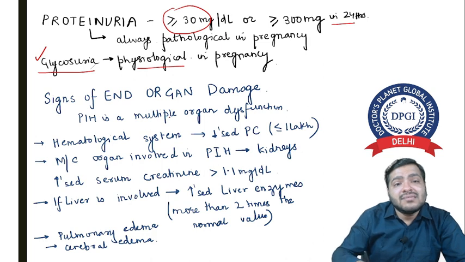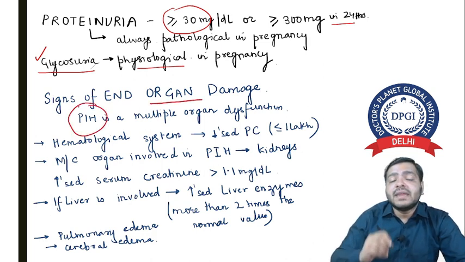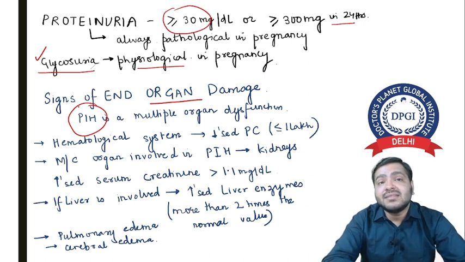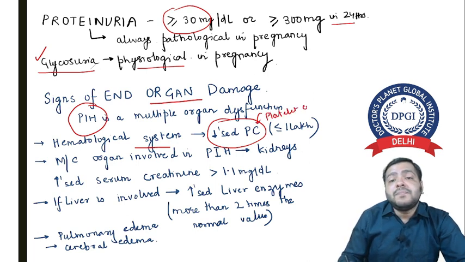Now coming on to the signs of end organ damage. See, PIH or pregnancy induced hypertension is a multiple organ dysfunction. Now, if PIH involves the hematological system, guys, remember that there is always a decrease in the platelet count. This PC stands for platelet count. So platelet count is always decreased.